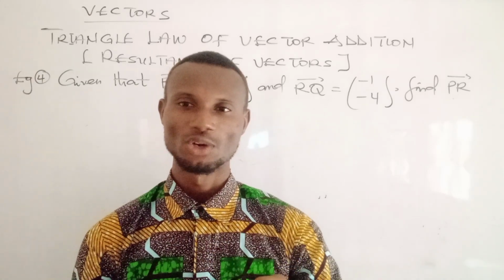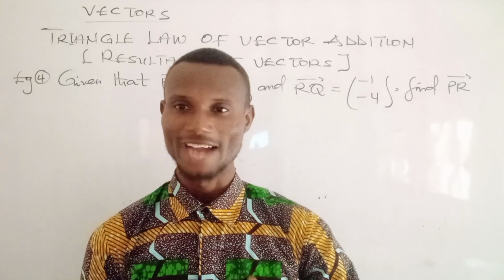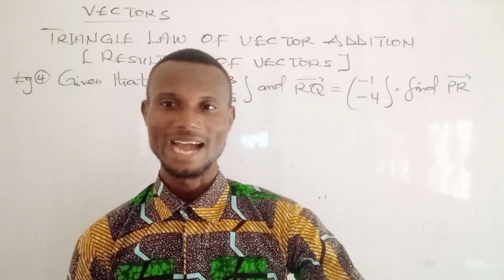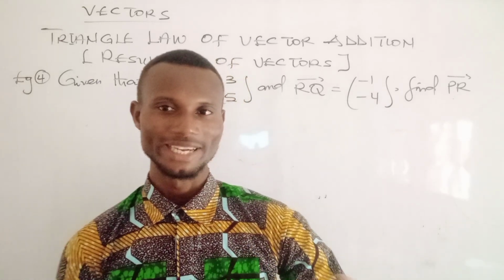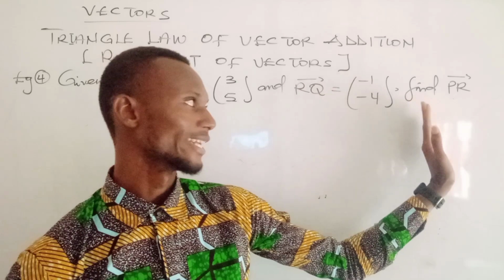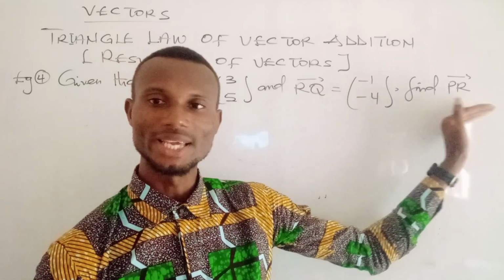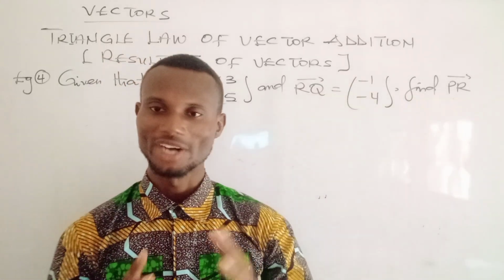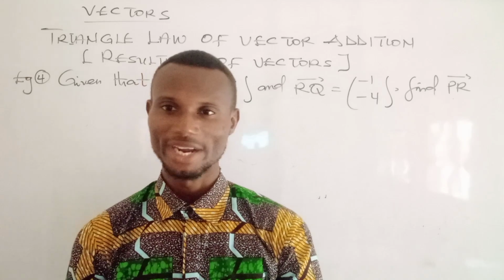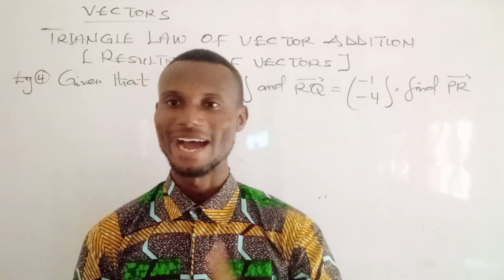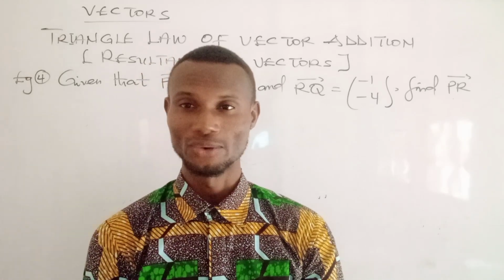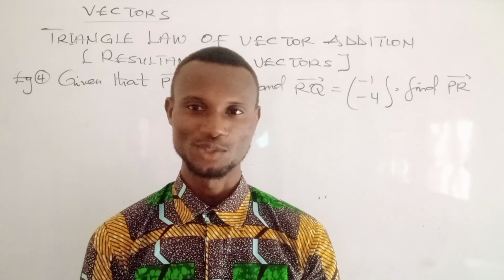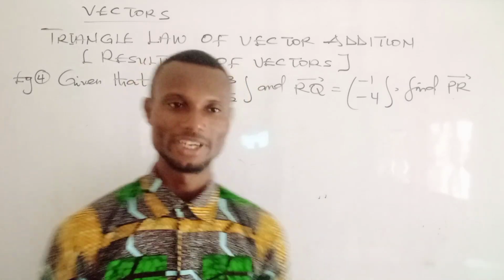Always make sure that the vector that you are being asked to find comes at the base of the triangle. So in this question, we are finding vector PR. So when we draw the triangle, we are going to label it so that the PR will come at the base of the triangle. I hope you understand up to this point. So let's go ahead and draw the triangle.